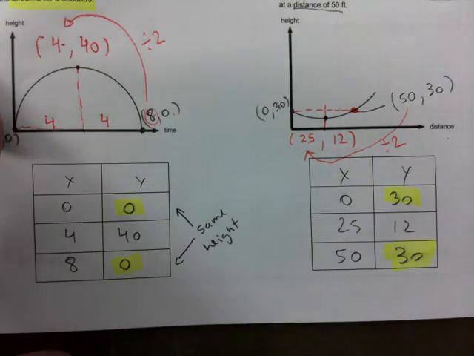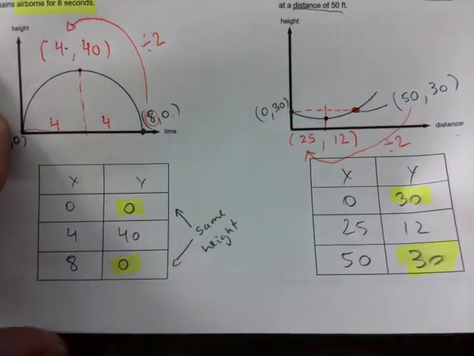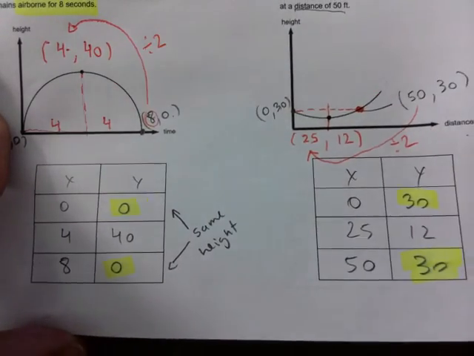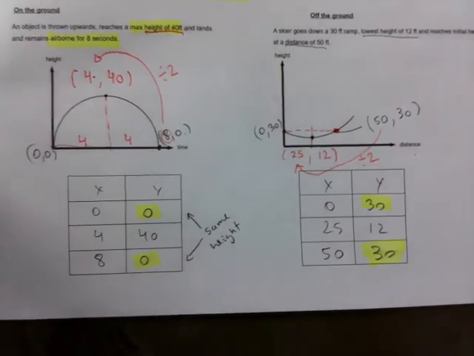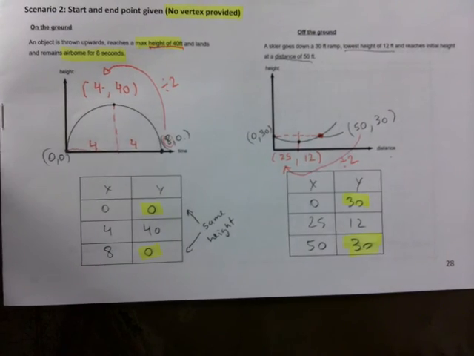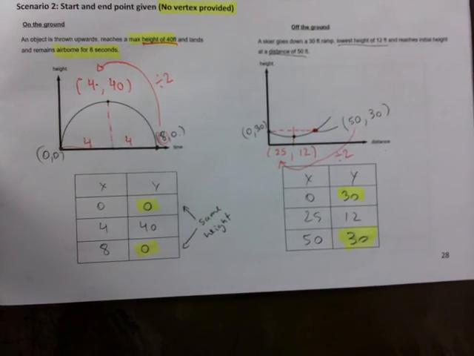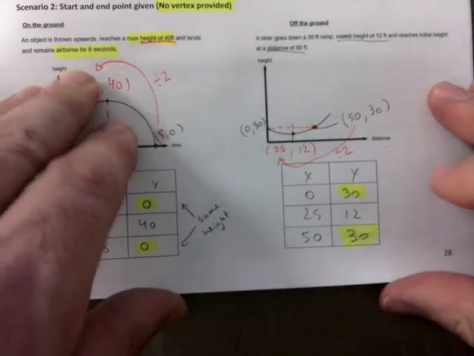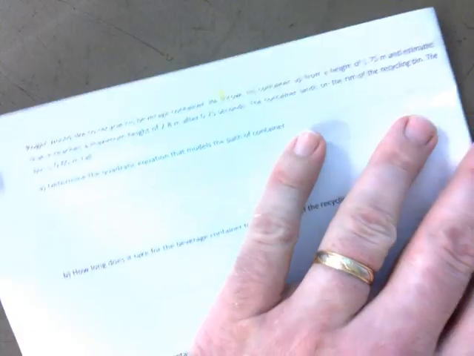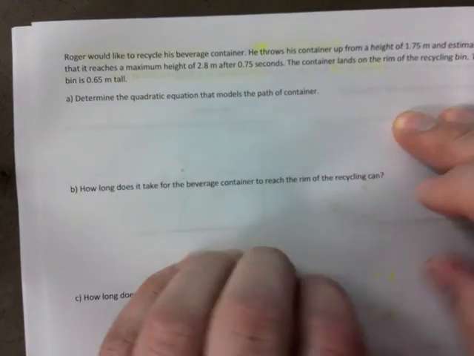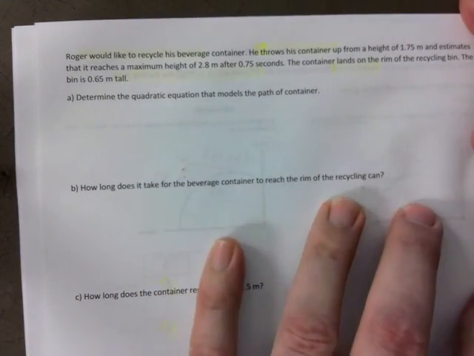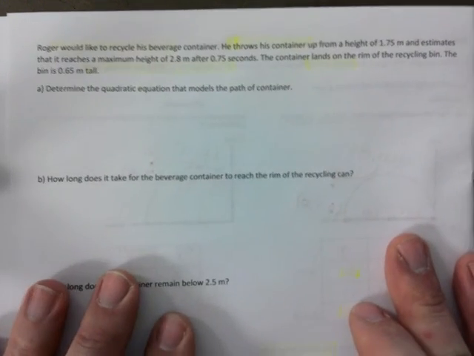Okay. So now let's do an example. And then the rest of the class will be for you to work on type 3 or type 2, whichever one you prefer.